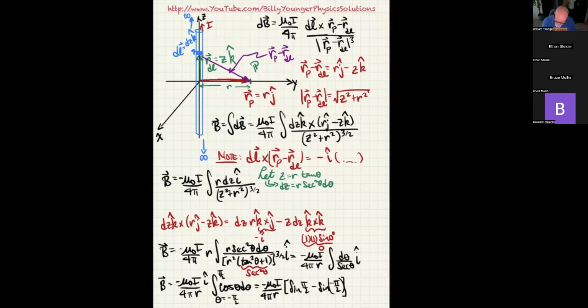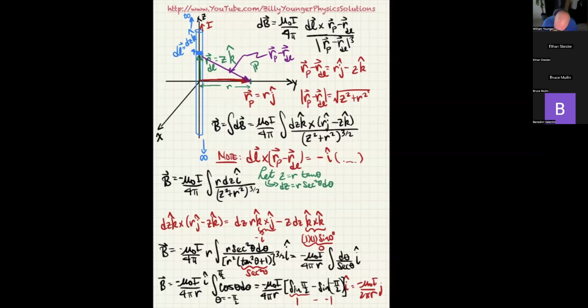So this one's going to be 1 minus negative 1. So that's going to basically give us a plain factor of 2 with an I hat. Minus negative is plus, which is 2.